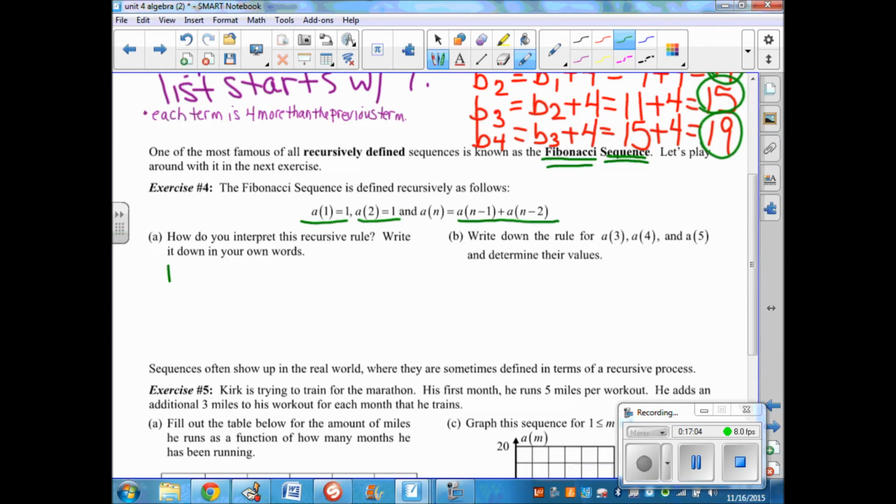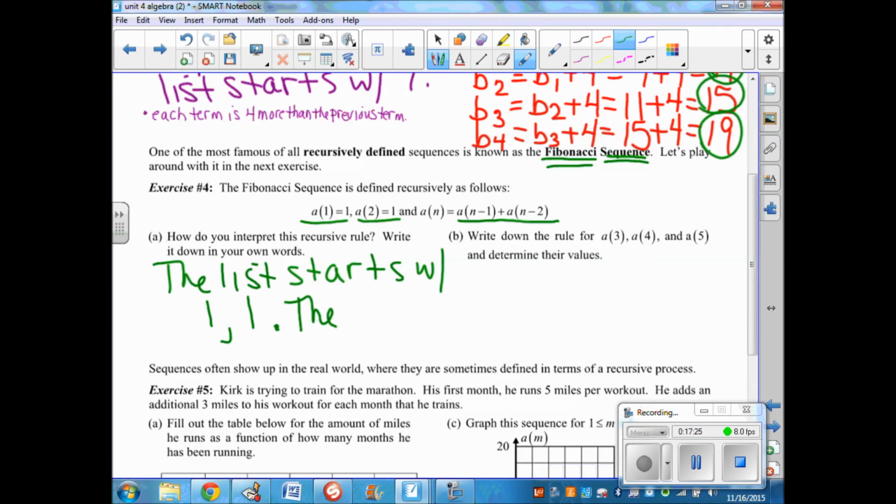Okay, so the list starts with 1 as your first term and 1 as your second term. Okay? And it's found by adding the 2 previous terms.